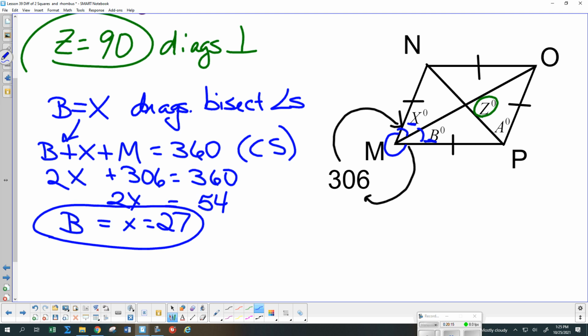That just leaves A. And A is this angle over here. And there are at least a couple of ways we could get A. So I am open to suggestions. How can we get A? There's more than one way, so I need to see some hands going up.